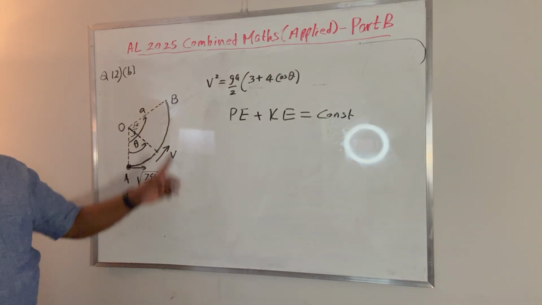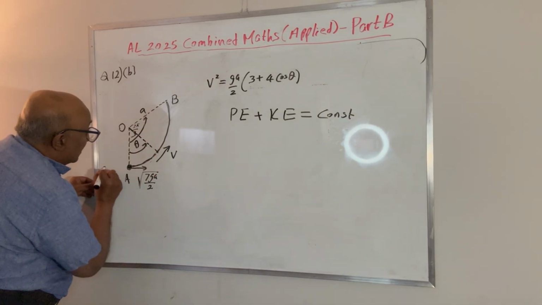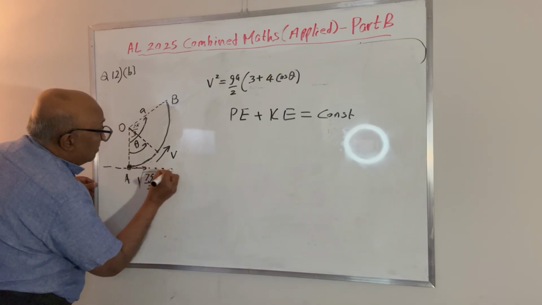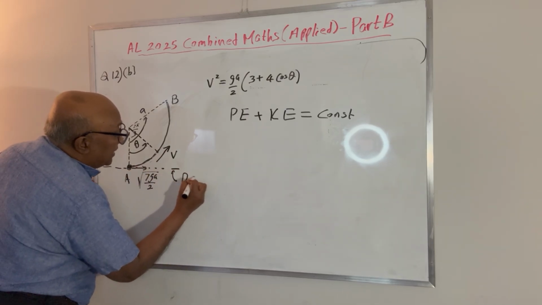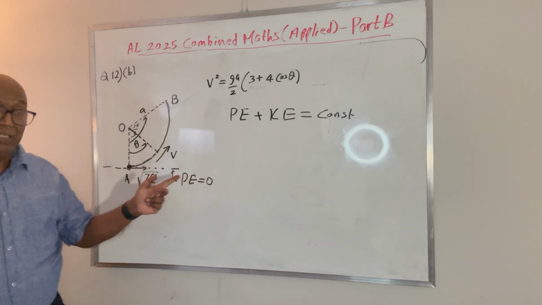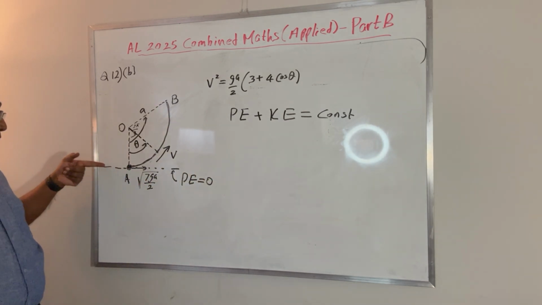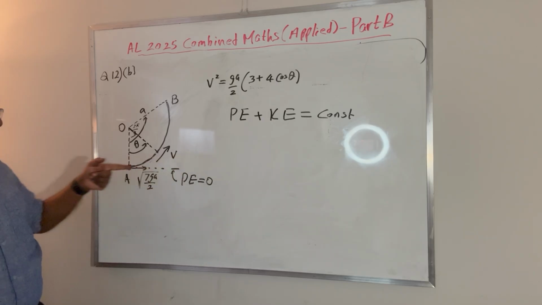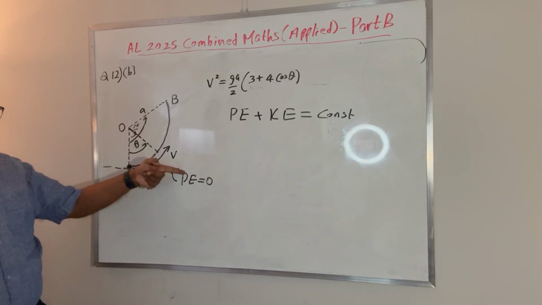In order to do that, we have to select a zero potential energy level. Let's take the horizontal level that passes through the initial point A as the zero potential energy level.